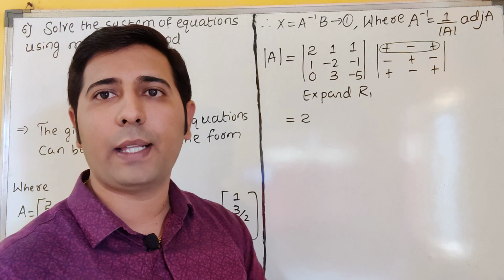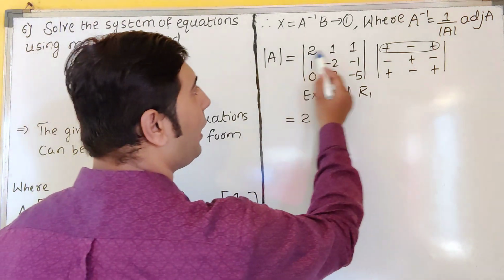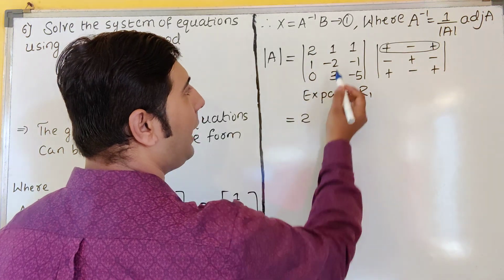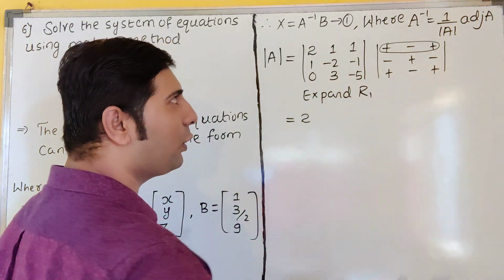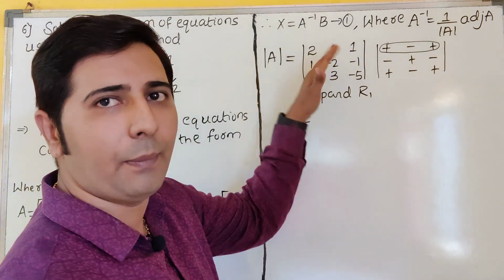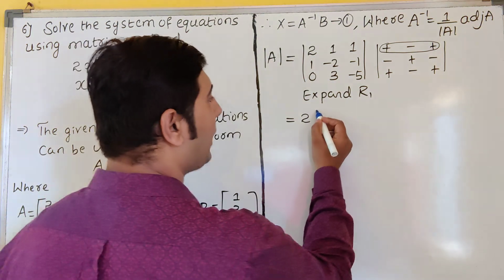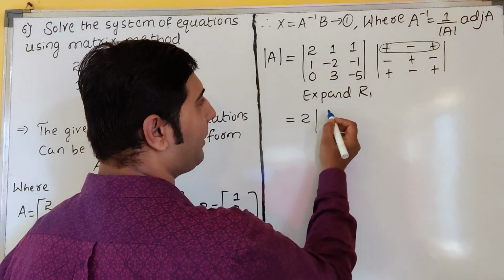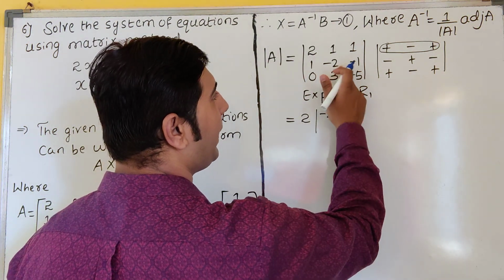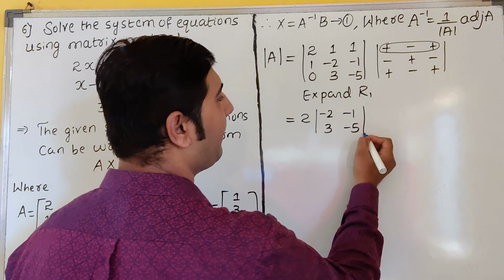Where is this 2, dear students? In first row and first column. You delete those both. What will remain now? You write in determinant: minus 2, minus 1, 3, minus 5.